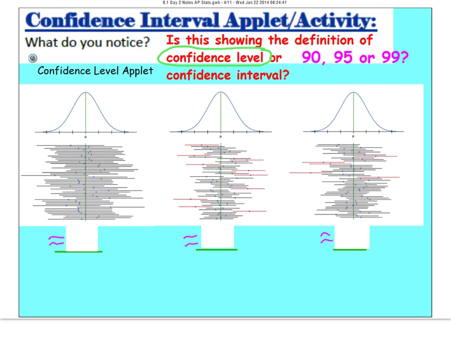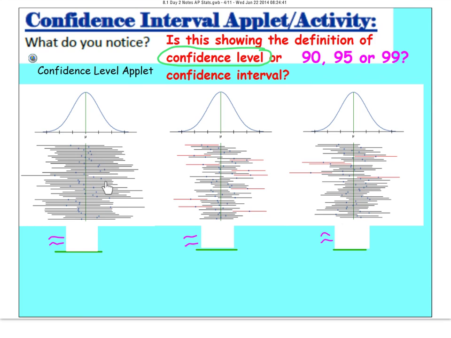Remember, a confidence level says if you were to construct a confidence interval over and over again, it's the percent of confidence intervals that would actually include the true population parameter, which we see in here designated again by the green line. So here's the next question. Of these three pictures of the confidence level, which one do you think would be representative best of a 90% confidence level?